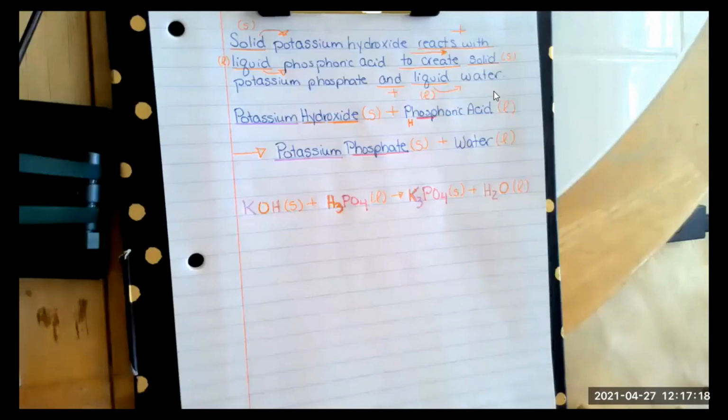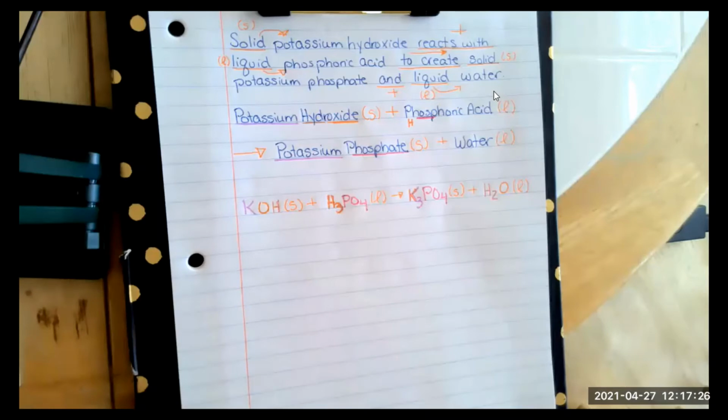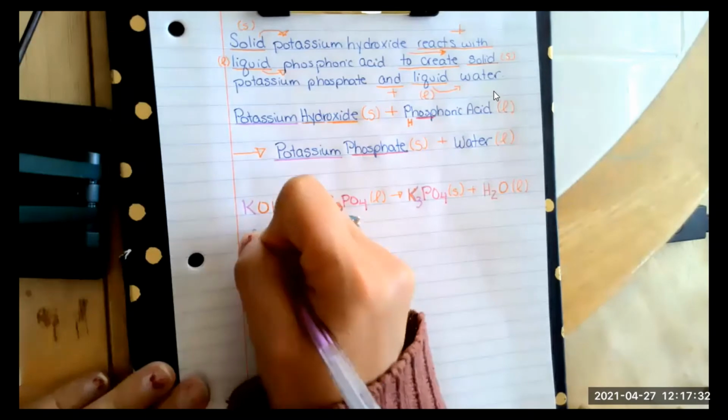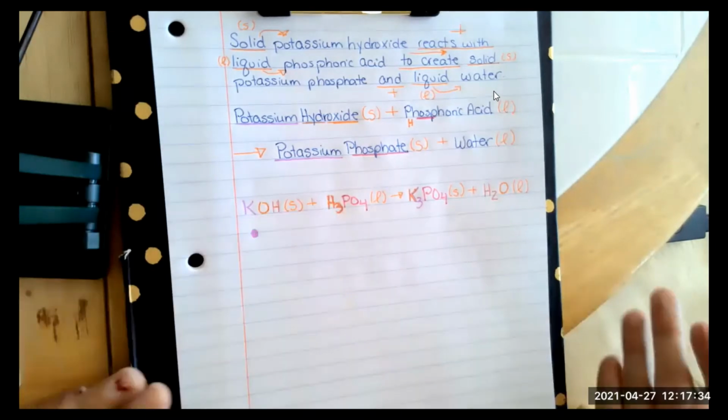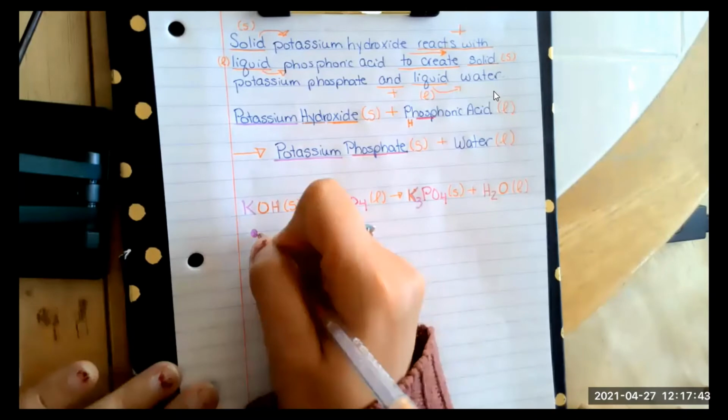Okay, so now we're going to balance, and remember, especially over here with KOH, we have to make sure we're representing both oxygen and hydrogen. So I have 1 K, that's 1 potassium, and you have to draw one of these to begin with because you have to represent what you have. So we have 1 K, 1 O, and 1 H here.